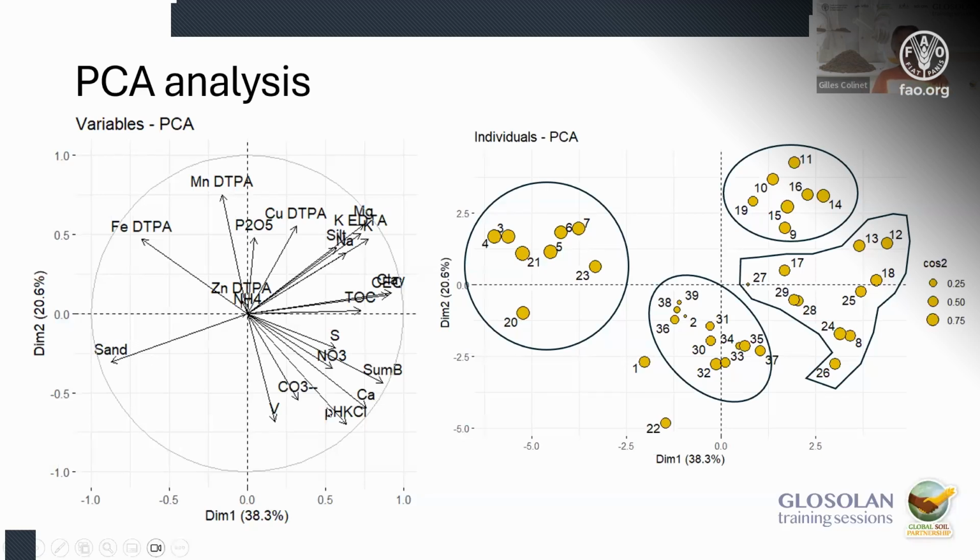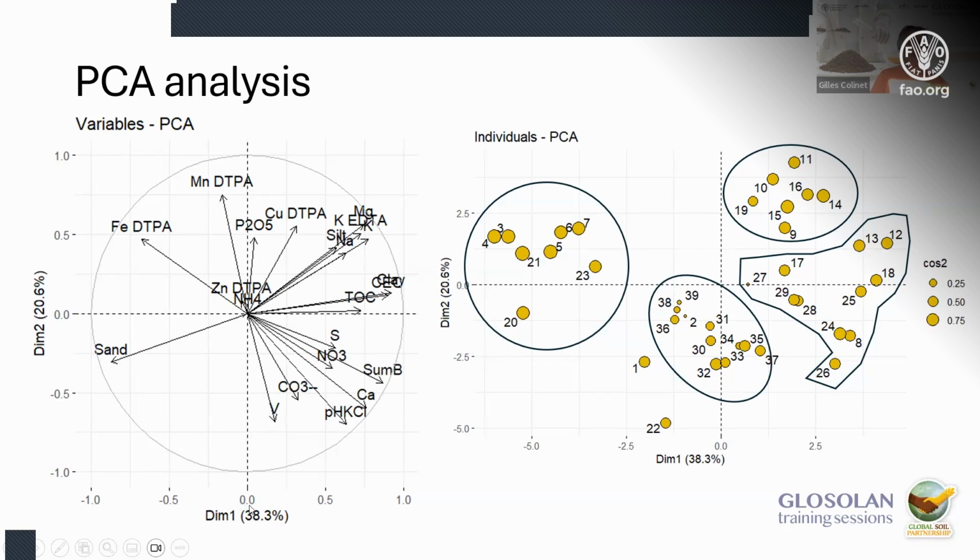So here we say that if we look at the variation of all the parameters, I don't remember exactly how many they are, but let's say 20. The 20 parameters, as they all have variance. And if you look at this image, we see that we have here 38.3 and here 20.6.